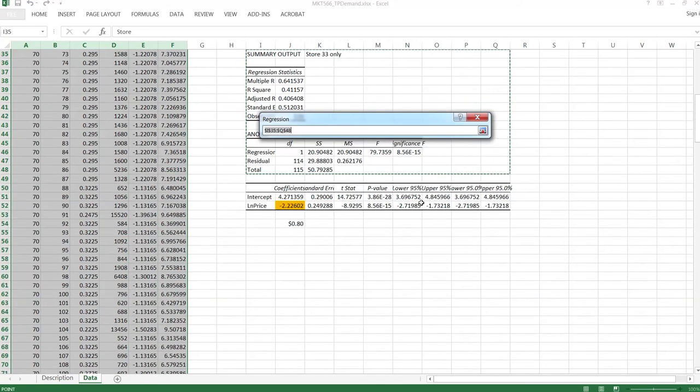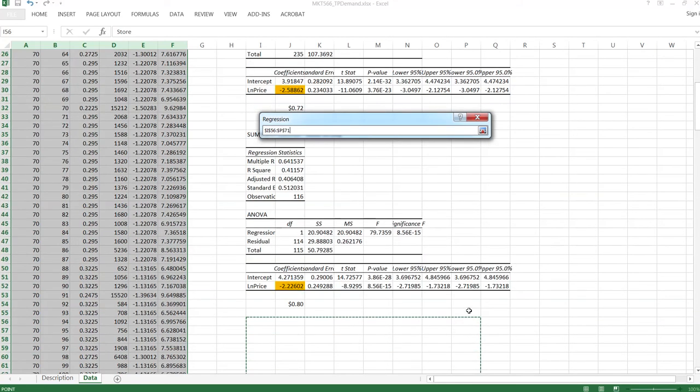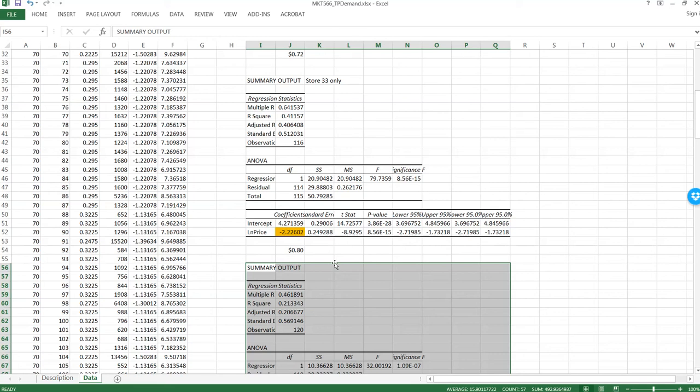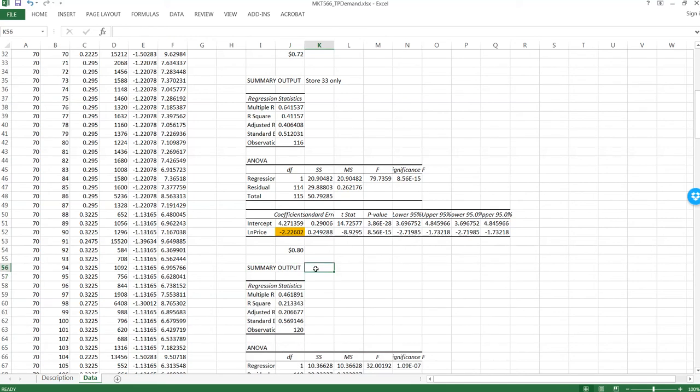And our output range, we'll put it down below. And this will be summary output store 70 only.